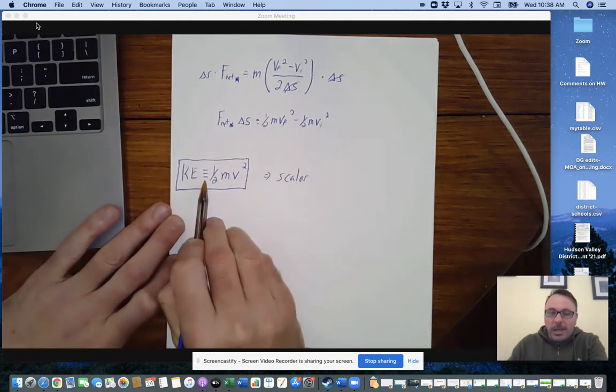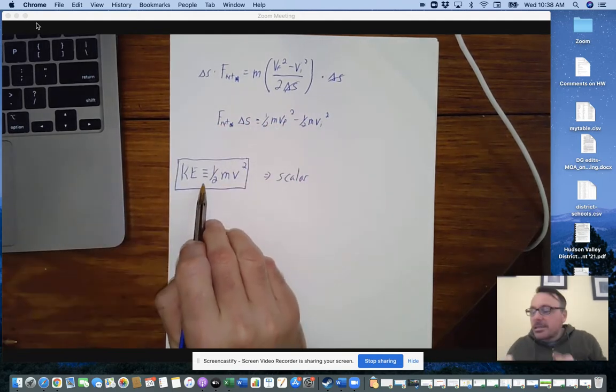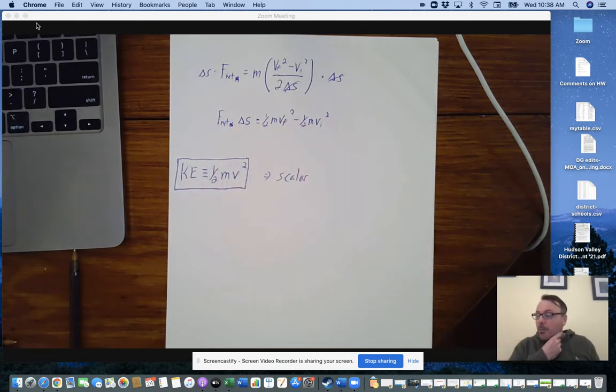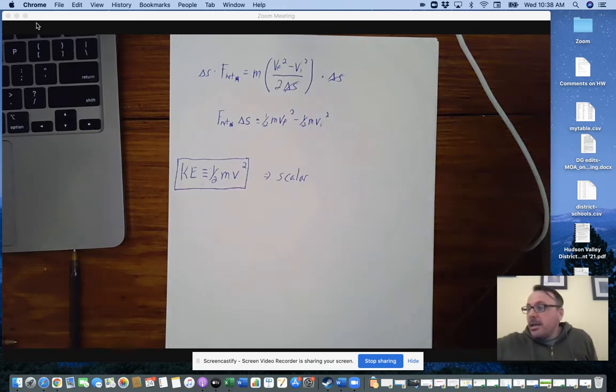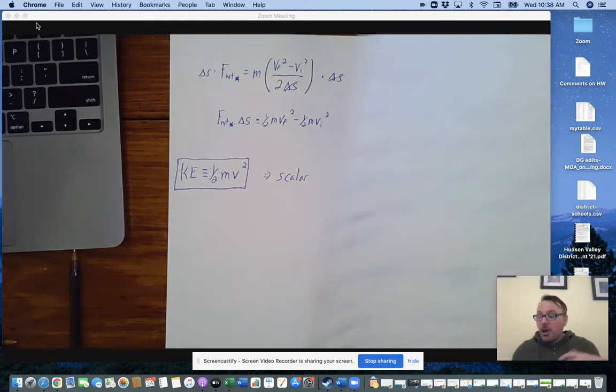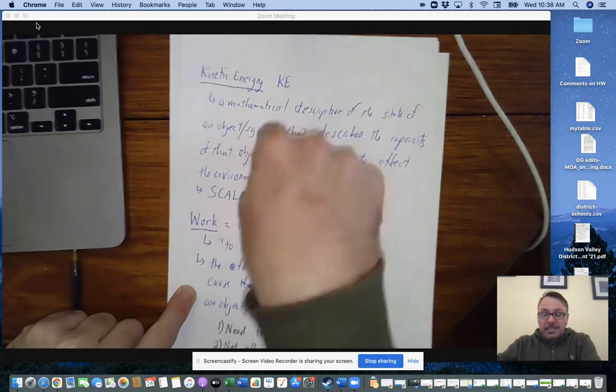And by the way, three equal signs means defined as. So this term popped out from the math. And I'm claiming it's a scalar that tells me how big of an effect something would have if it were to interact with something. We'd all agree the more massive objects, if they interacted with us while moving, would affect me more, and the faster they're going would affect me more. That's everything we said we needed from this concept.